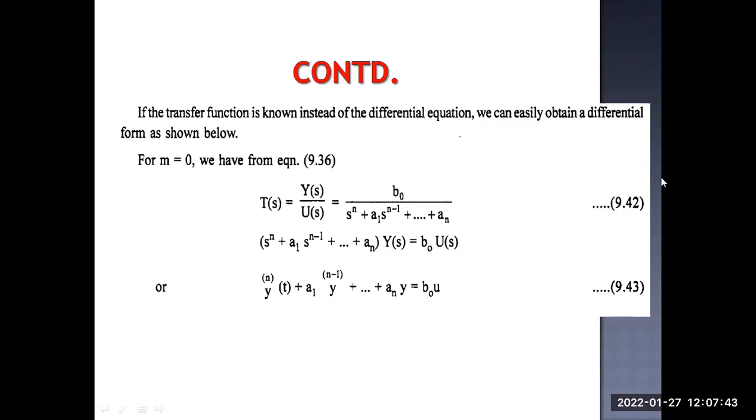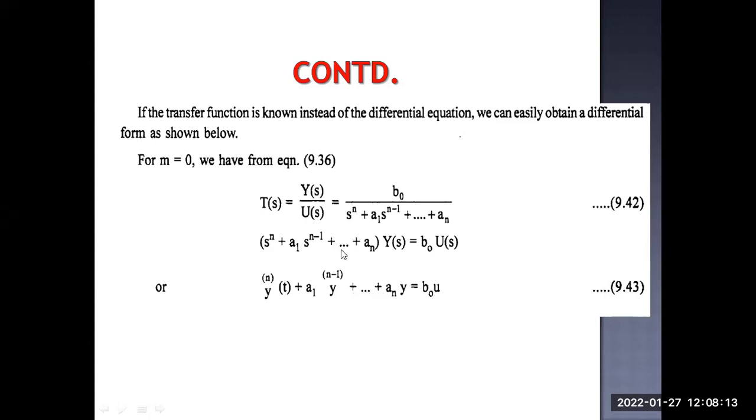Then, if a differential equation is given, how to convert it into phase variable form, that is, how to choose the state variables. And now, if a transfer function is given, we need to convert it into a differential equation, which is very easy compared with the previous one.